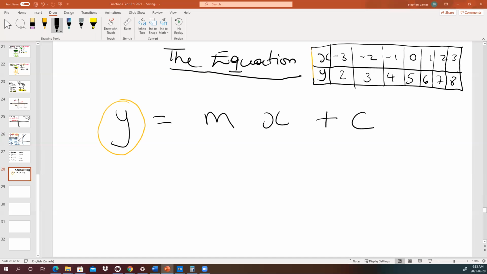Sorry, we drew a graph for that, but I'm not going to draw the graph right now for you to see. So this y here is actually any one of these y values that we have in the table. It can be any one of them, right?